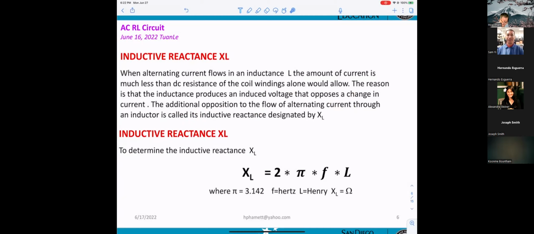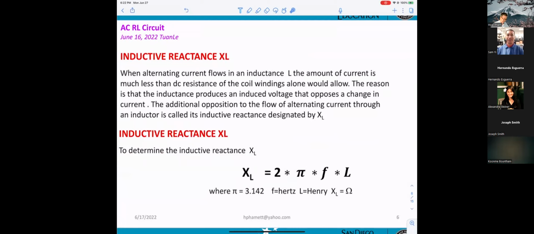So anyway, for the inductor, for DC, the inductor has no resistance or very small.